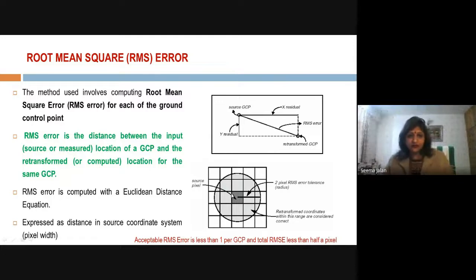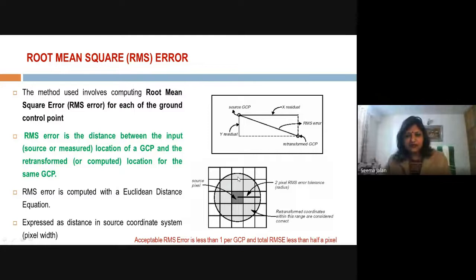So I try that my RMSE should be less than 0.5. That means 0.5 pixel. If it is less than 0.5, it will lie somewhere here only, and I am fine with it. If the error is more than 0.5, then my output pixel, instead of here, will go somewhere here.